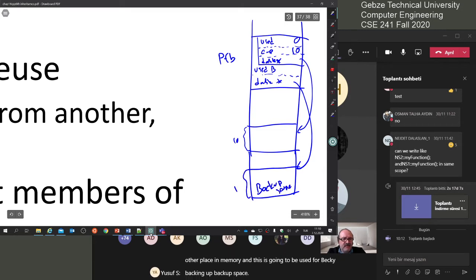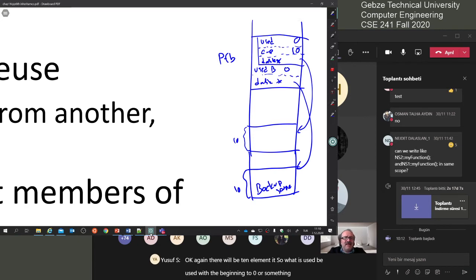Again there will be 10 elements in it. So what is use B? At the beginning, it is 0 or something else. At the beginning, I don't care.